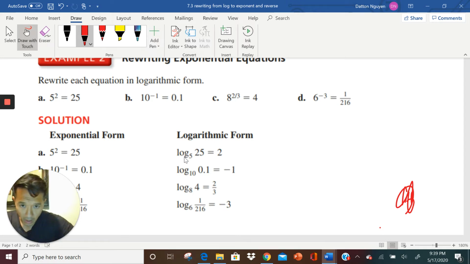So I write it as log base 5 of 25. That's the answer that goes right there. And the exponent, 2, goes over here. So notice there are 3 numbers that are just being interchanged from exponent form to logarithmic and back again.